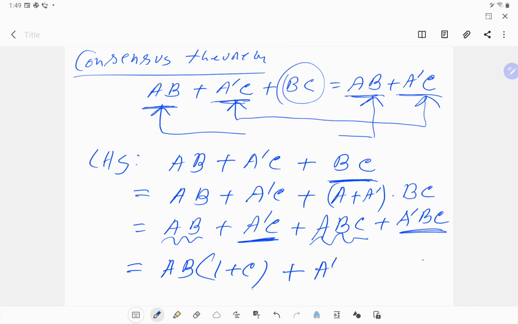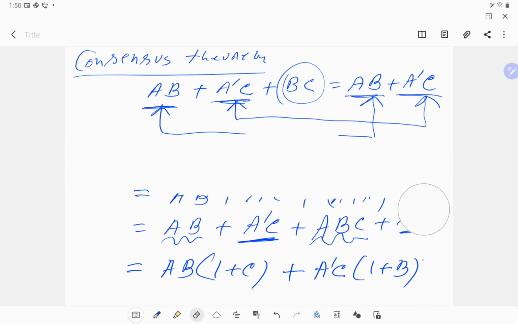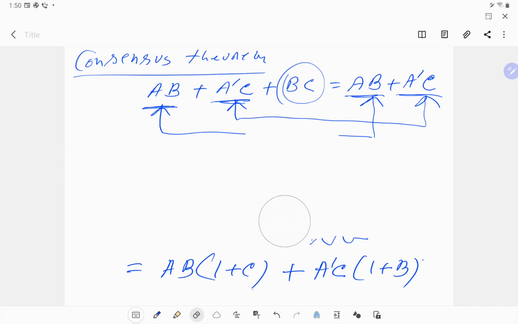So if we have A prime C, then 1 plus B. So we know that 1 plus C equals 1, and 1 plus B also equals 1.